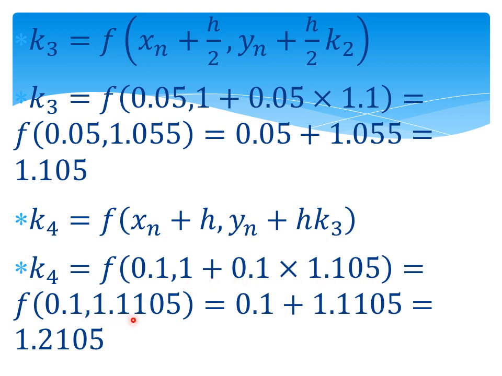Then you get 1.1105. This is the value of x, comma, the value of y. According to the question, x plus y, we add both values. Then we get the final answer 1.2105. This is the value of k4.